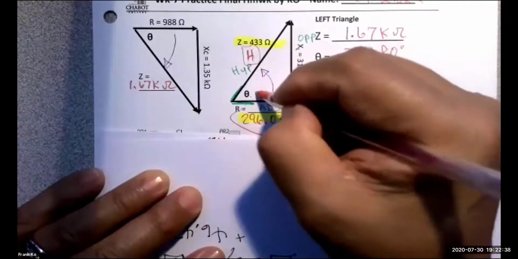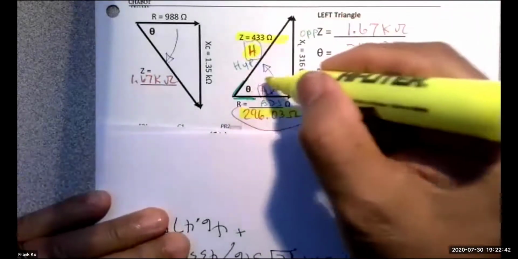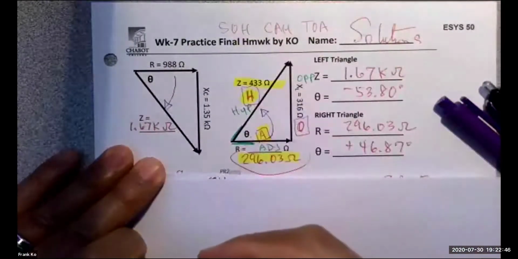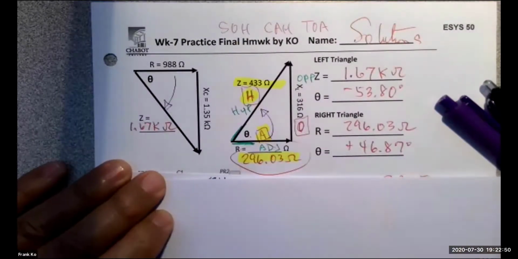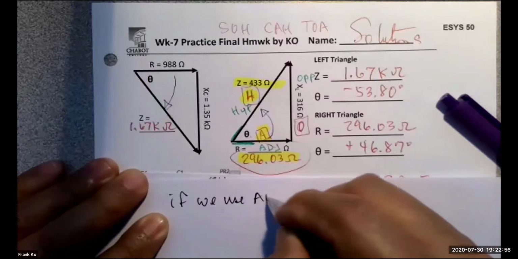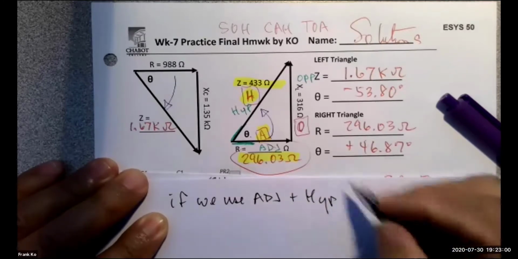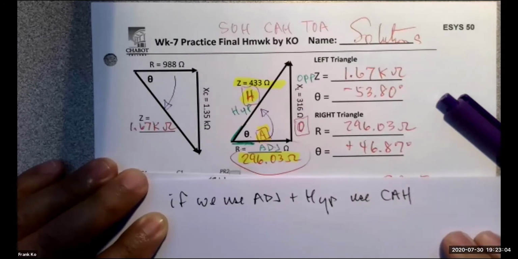So here we have an H and an A. So I have an H and I have an A, yes? So you look at SOHCAHTOA. Which of these three trig functions has an H and an A? Cosine? Yeah. So if we use adjacent and hypotenuse, we're going to use CAH. Is that correct? Yeah.